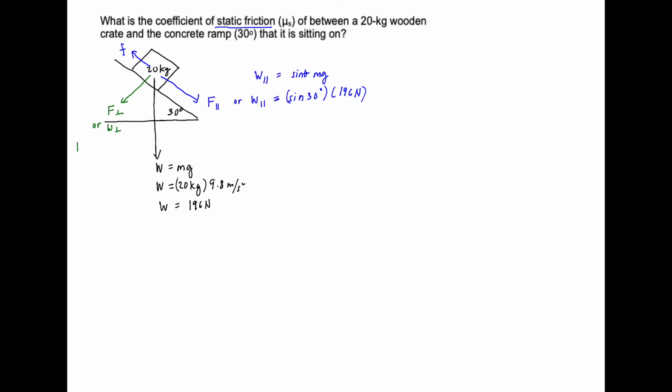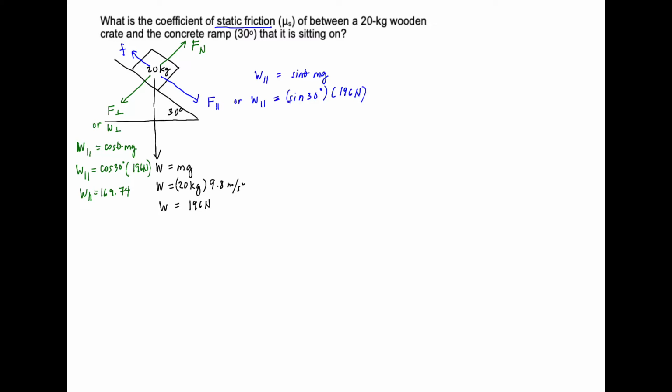The weight perpendicular would be equal to cosine theta mg, and therefore cosine 30 degrees multiplied by 196. We already computed the mg, and that would be equal to 169.74. Aside from the force perpendicular, the counterpart of that would be the normal force.